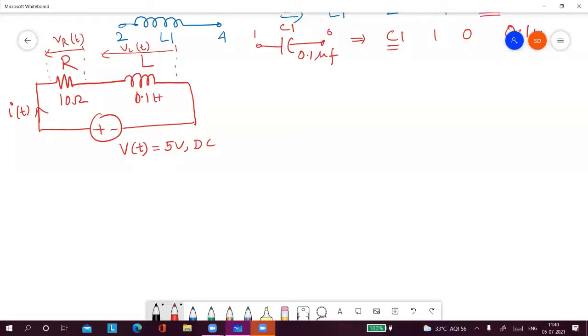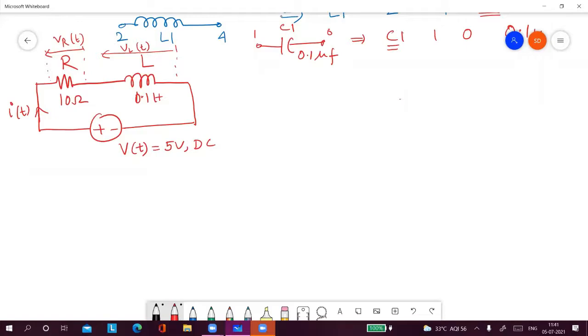Resistance is 10 ohm, inductance is 0.1 Henry. Let us write a program which will plot current I(t), voltage across resistance VR(t), and VL(t).